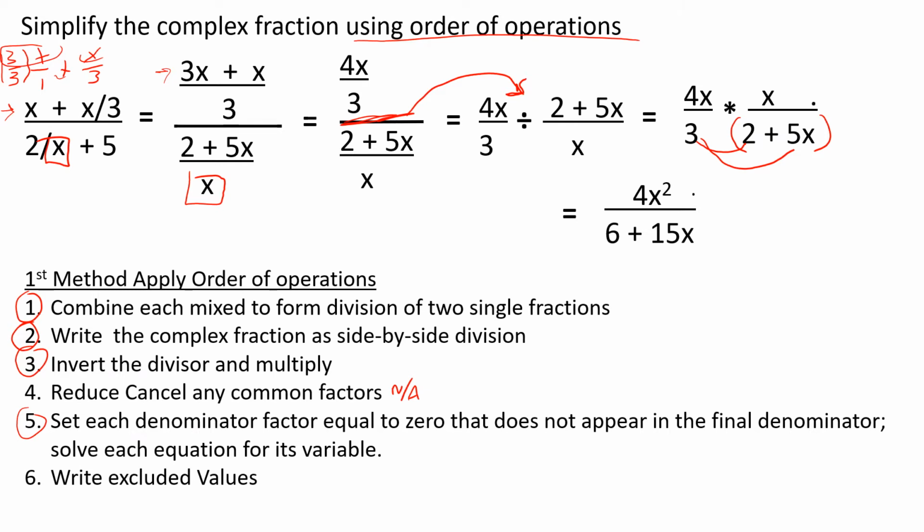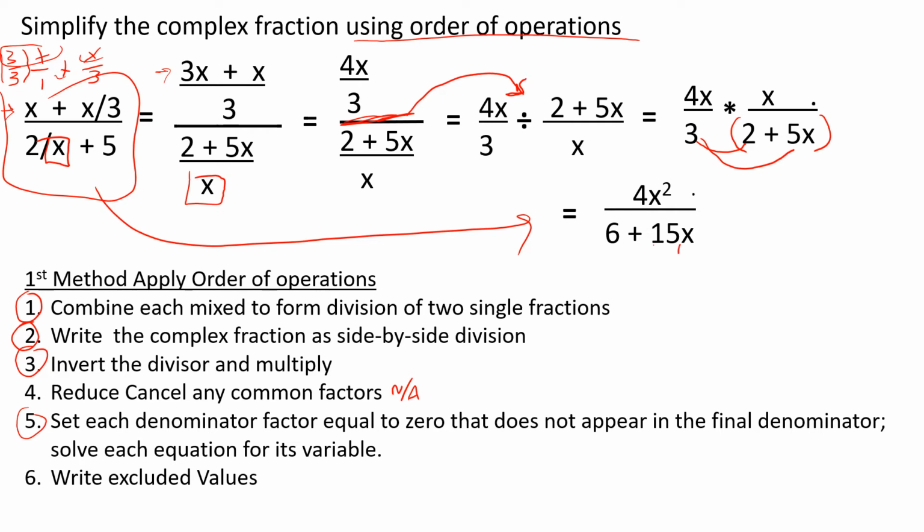So this is the original. This is what we ended up with. And there isn't an x in the denominator here as far as the denominator goes. Yes, there's a 15x, and if you plug in any number for x, you're still going to get a number. There's no way that this is going to end up being 0.